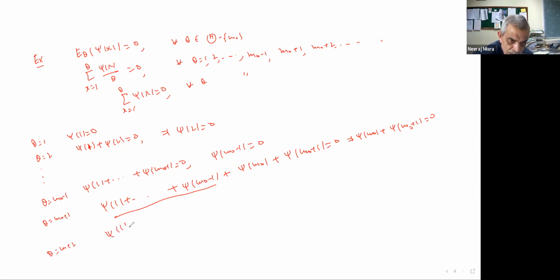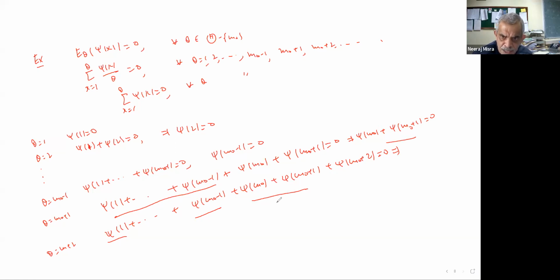It will be psi 1 plus psi of M naught minus 1 plus psi of M naught plus psi of M naught plus 1 plus psi of M naught plus 2 is equal to 0. What does that mean? Psi 1 up to psi of M naught minus 1 are already 0, and psi of M naught plus psi of M naught plus 1 is 0. So psi of M naught plus 2 is equal to 0.